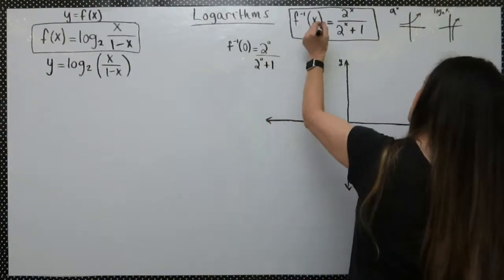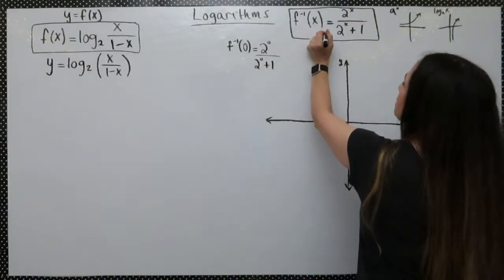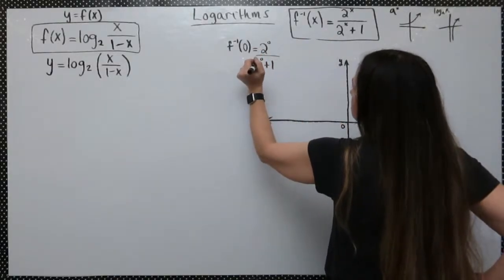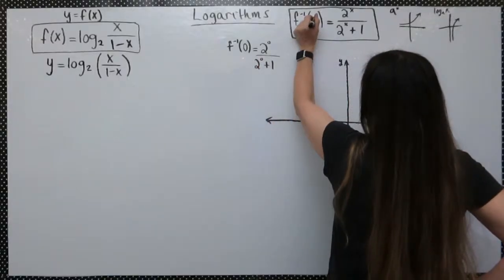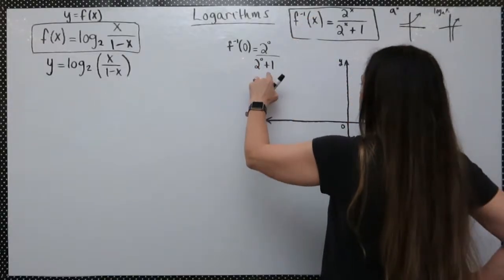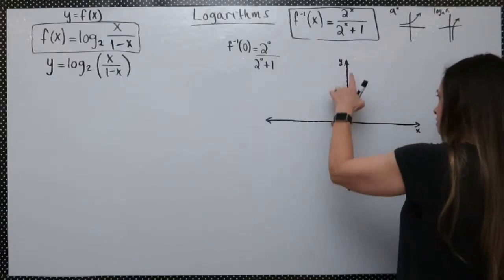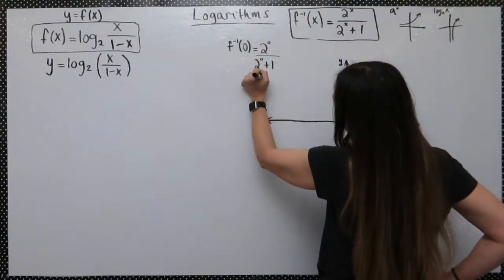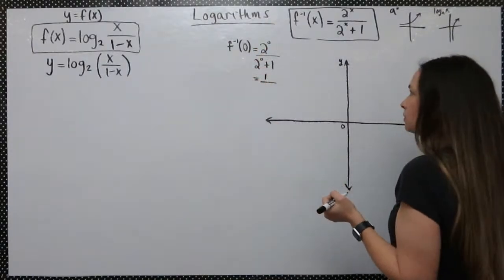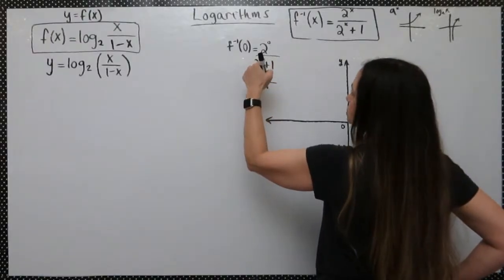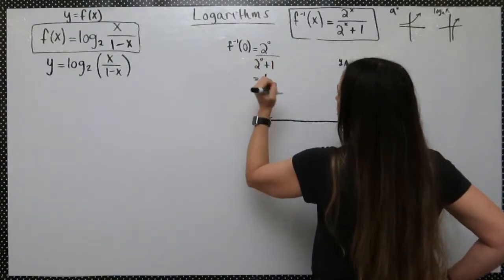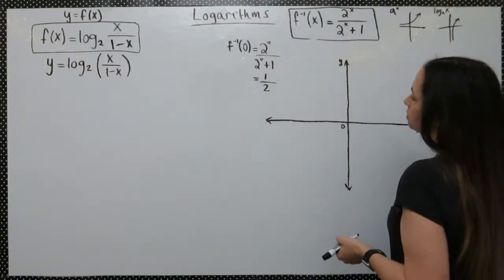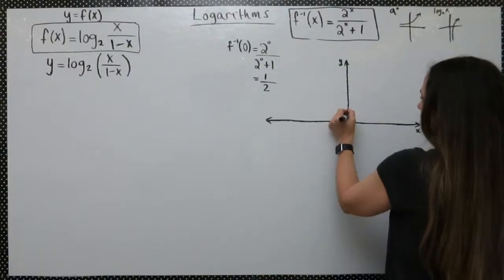All I'm doing is taking this function and asking, what is the behavior of this function when x is 0? This line right here, the y-axis. 2 to the 0 is 1, since anything raised to the 0 power is 1. And then 2 to the 0 is 1, plus 1 is 2. So that's giving me 1/2. When x is 0, y is 1/2.